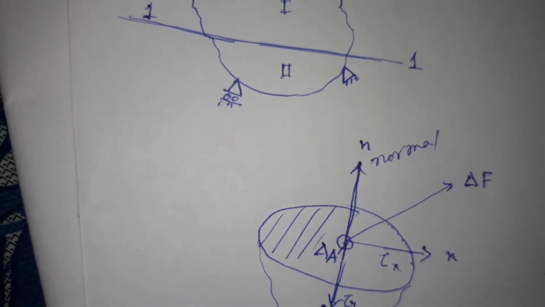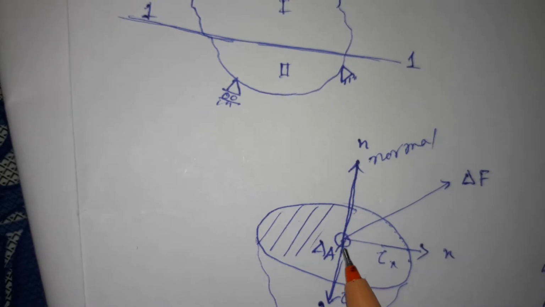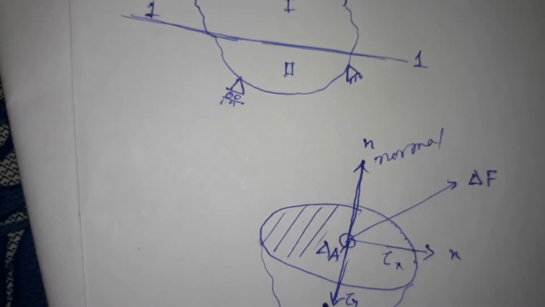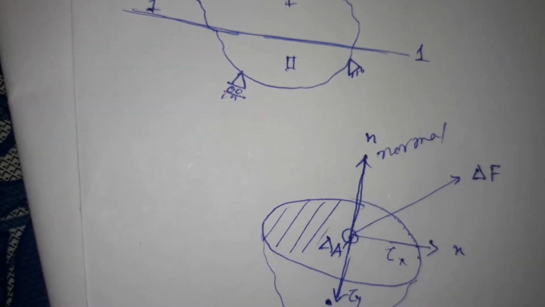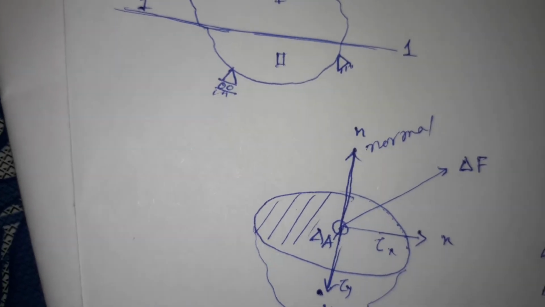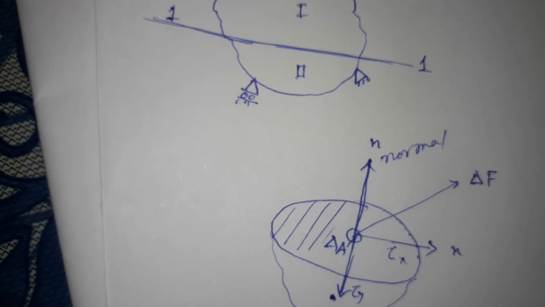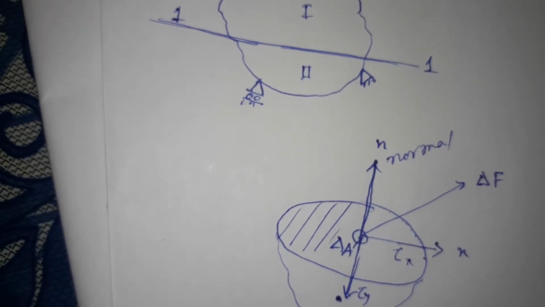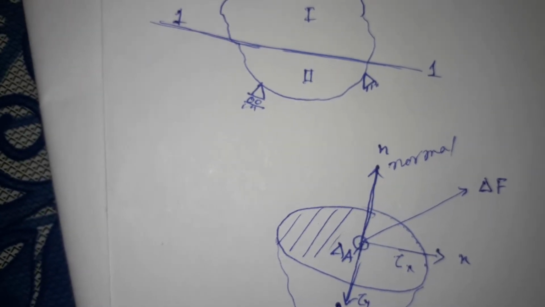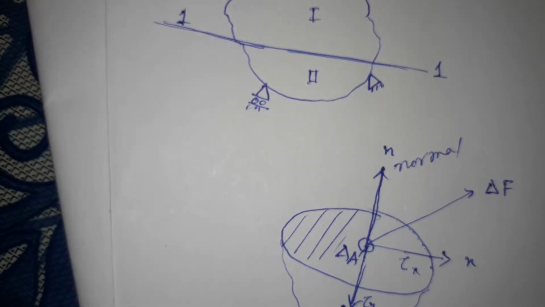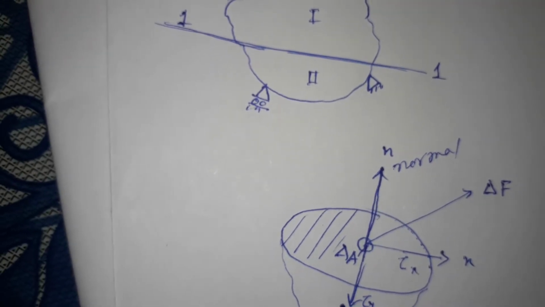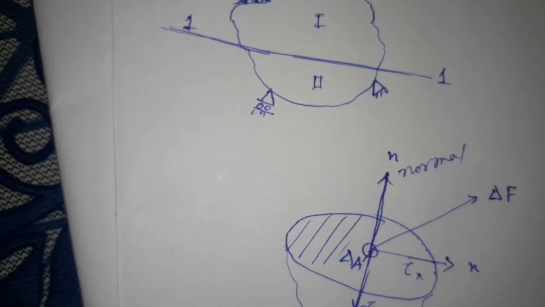And at the center of this circle, if we introduce a rectangular Cartesian orthogonal coordinate system x, y, z, then delta F can be resolved in three axes, that is x-axis, y-axis and z-axis.